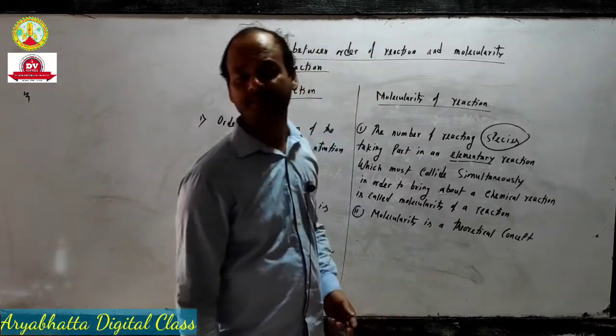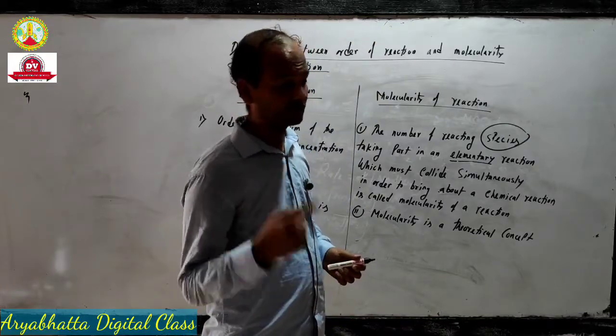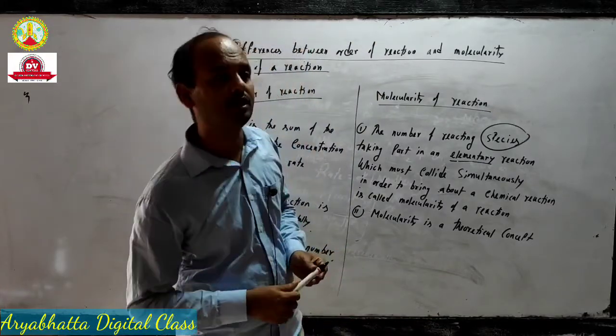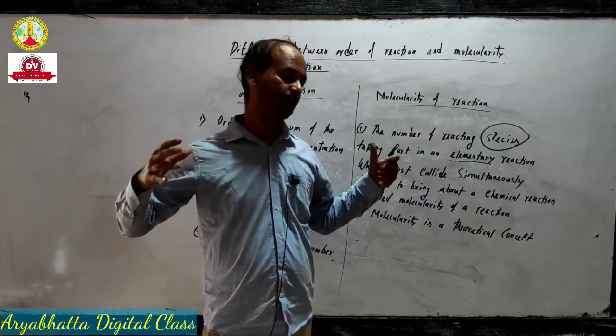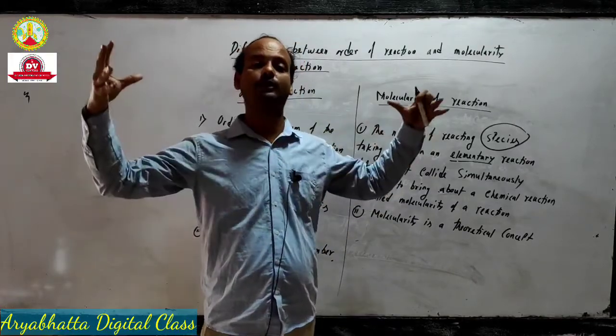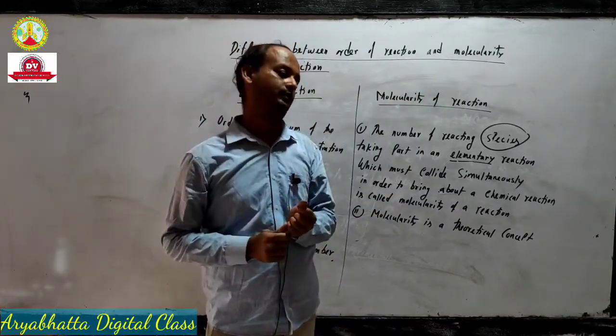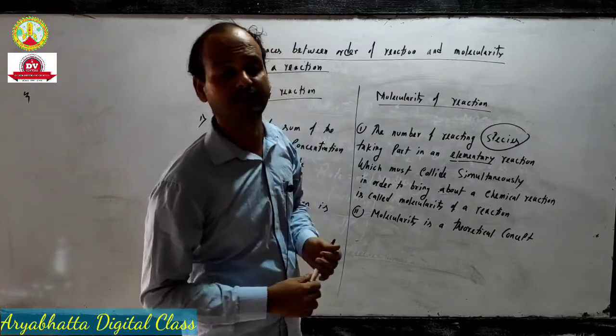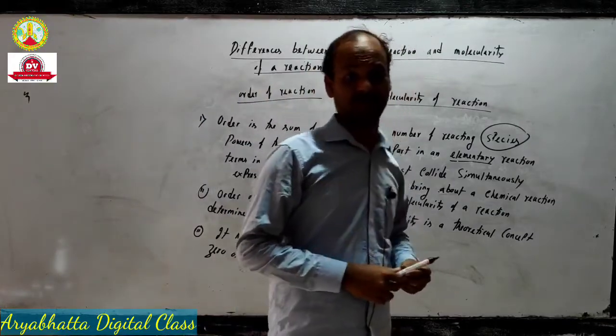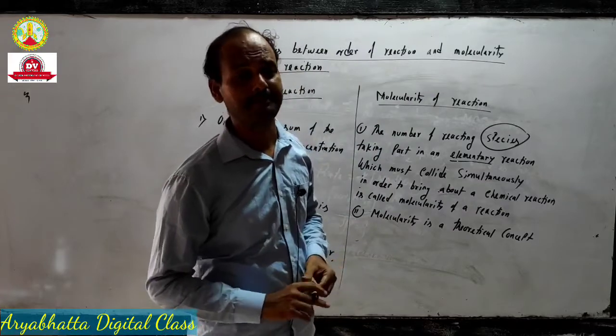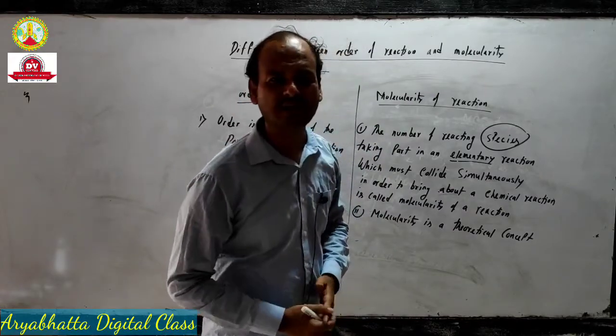I told you that if in a reaction only one molecule is involved, this is called a unimolecular reaction. If a collision takes place between two molecules, it is a bimolecular reaction. And if three molecules are involved, this is a trimolecular or termolecular reaction.